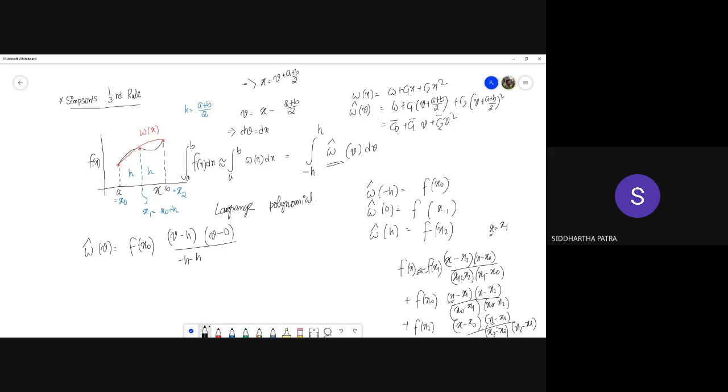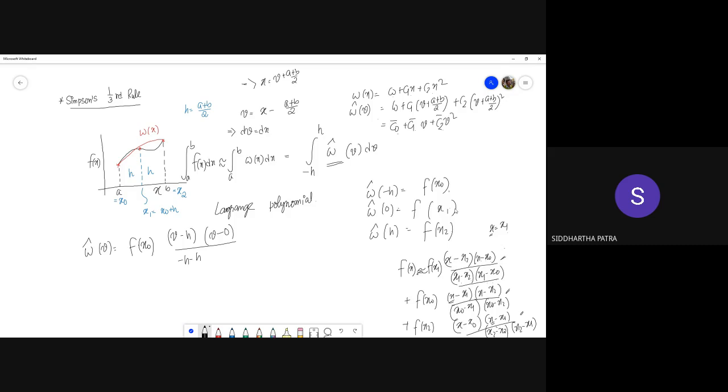The point is, this whole coefficient becomes 1. Although it might look like a rational polynomial, it's not, because whatever is in the denominator is only a constant involving fixed x values. It is only in the numerator that there is any functional dependence on x, so each of these terms is actually parabolic in x, but they are organized so that two of these polynomials would be 0 for x equal to either x0, x1 or x2.